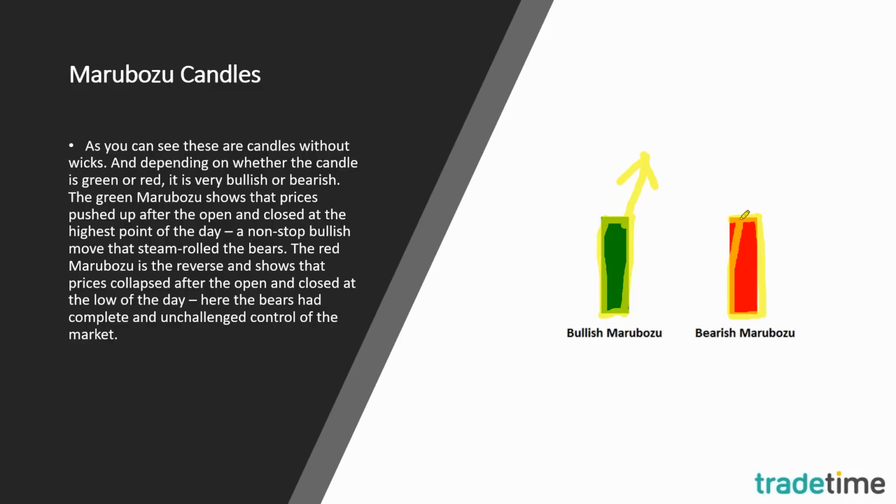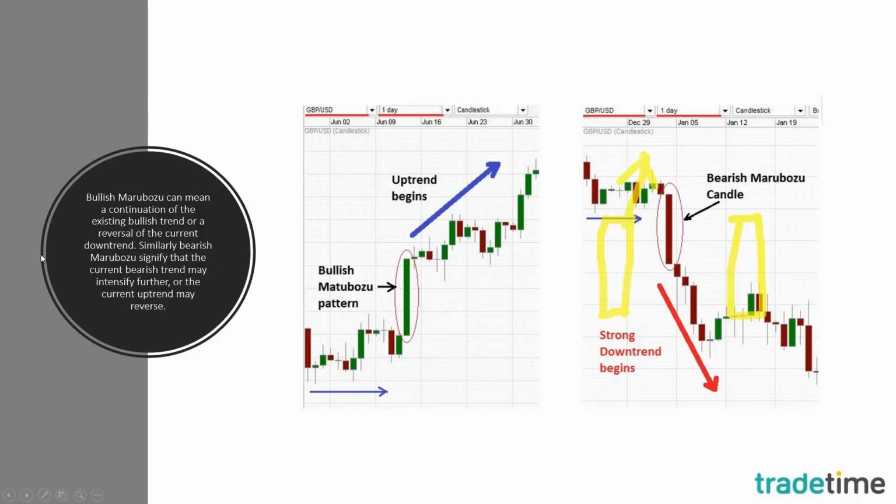The red is just the opposite, where the bears were in control. So remember, this is called the Marabuzzo. When we see a Marabuzzo, it tells us something specific. You would see a bullish Marabuzzo appearing at the end of congestion or at the end of a downtrend.